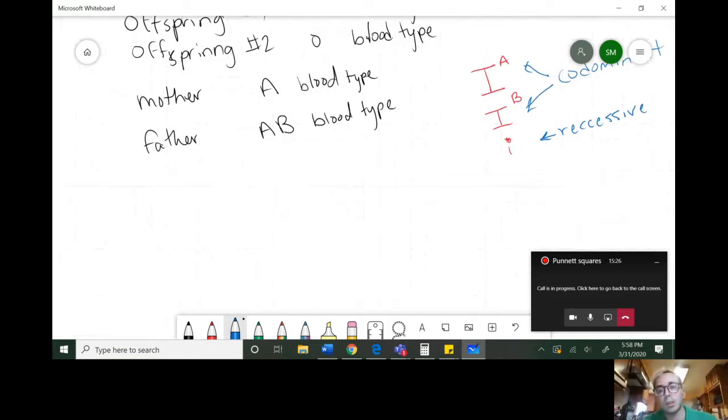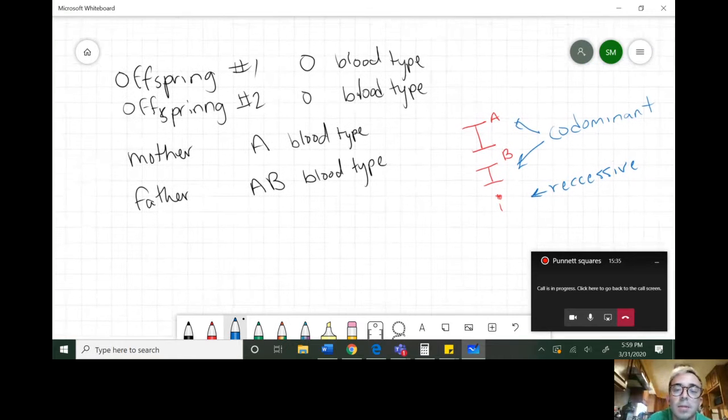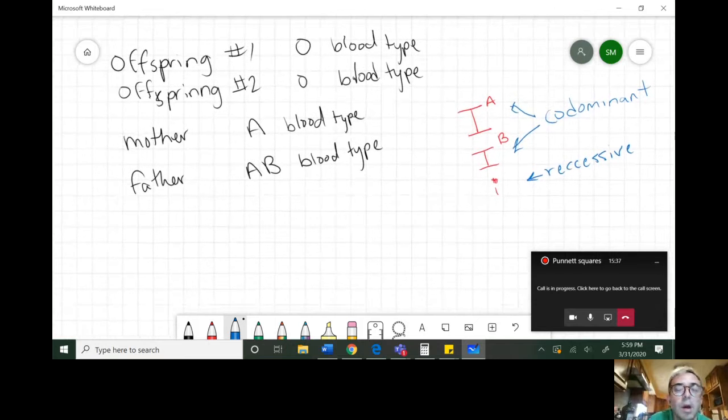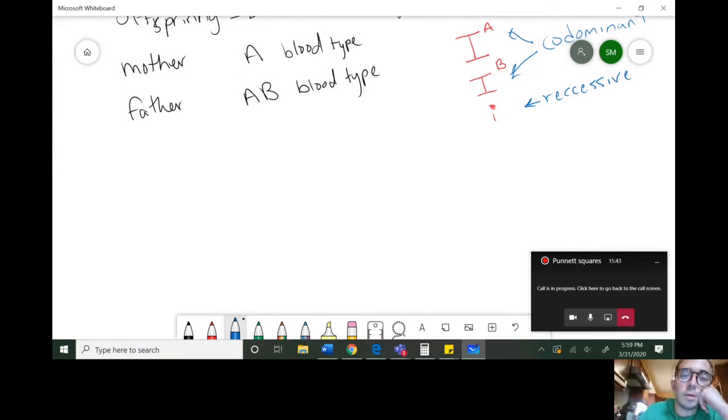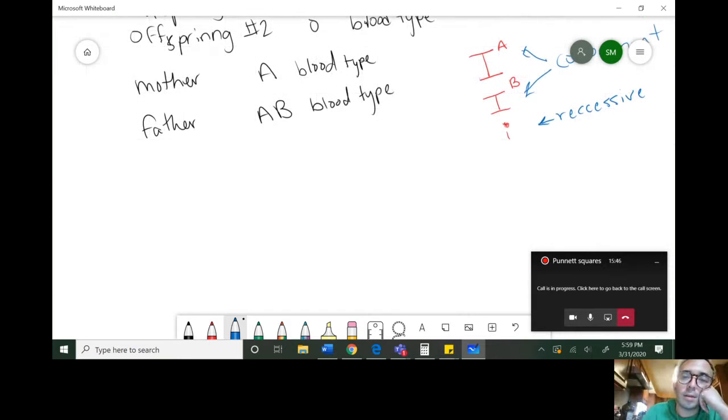So if we have two codominant genes and one recessive gene, and we know the blood type of the mother and the father, can we say that the blood type of the offspring belongs to the father? All right, we look at the father's blood type. He has two that are being expressed already, which means that his genotype has to be IA and IB.